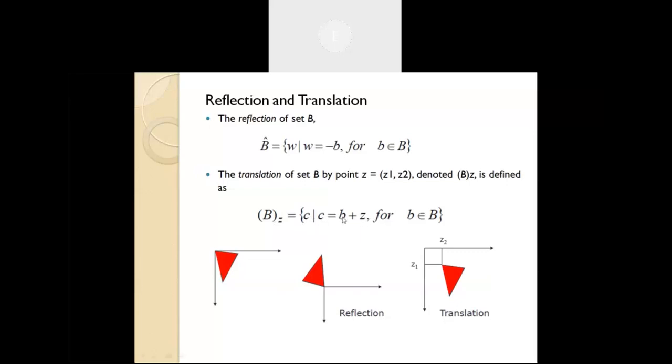That means to the original coordinates, I am adding the shift or translation parameters to get the new set. Suppose this is the original set B, and I translate by z1 comma z2, this is what is happening. The pixel at 0 comma 0 has been shifted to the pixel at z1 comma z2. Similarly, all the elements are moved here. So this is how we can perform reflection and translation on a given set.